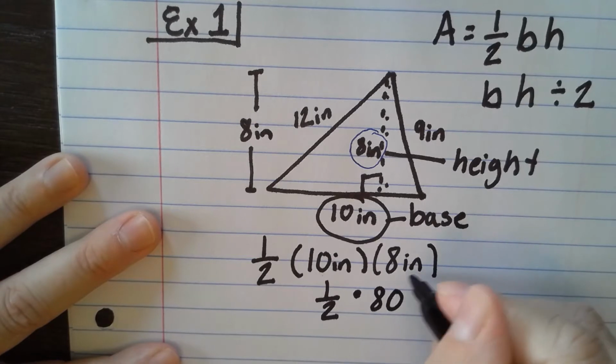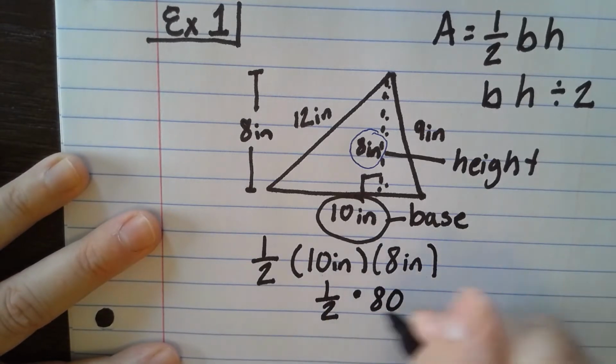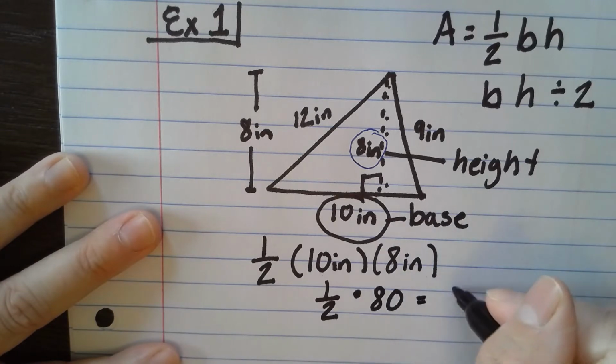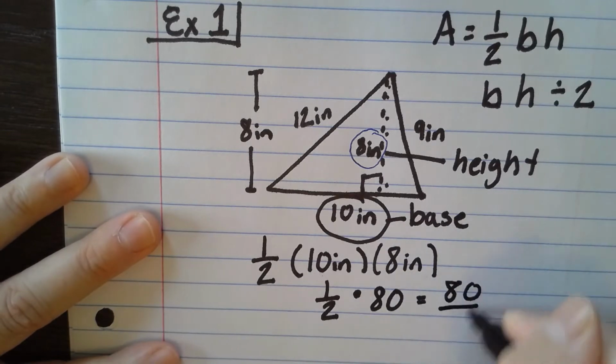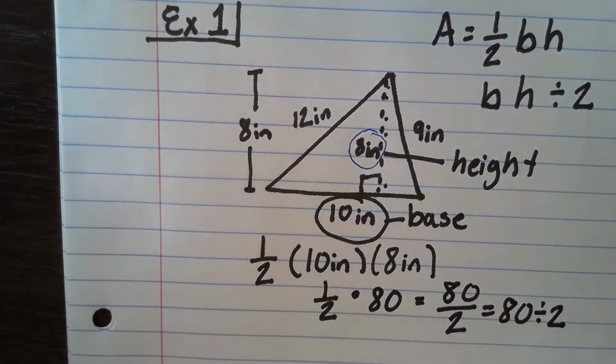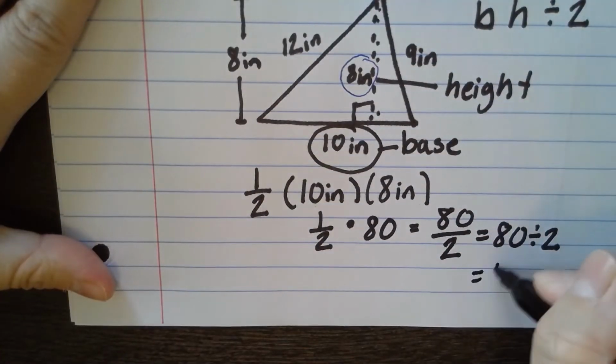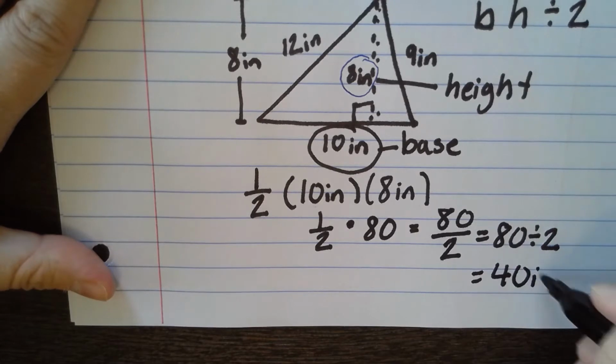I know my units are going to be 80 inches squared, I'm going to save that for the end. 1/2 times 80 is really 80 over 2, which is 80 divided by 2. If I put that into a calculator, I would find that it is indeed 40 inches squared, or I could say 40 inches to the power of 2.